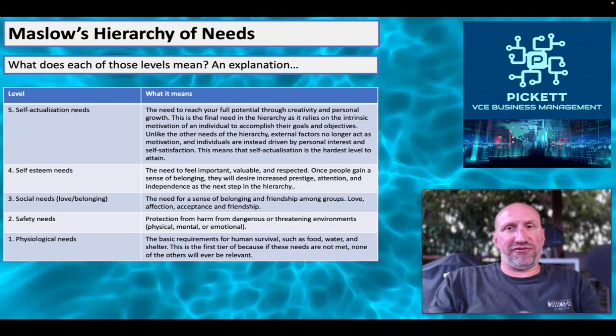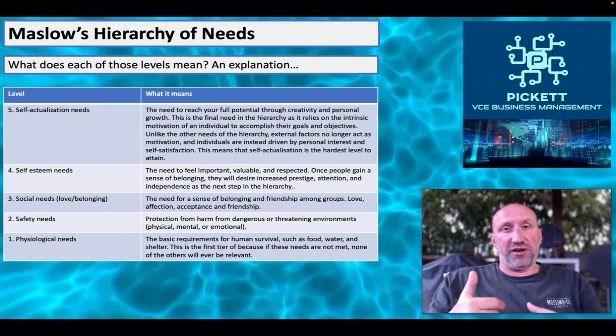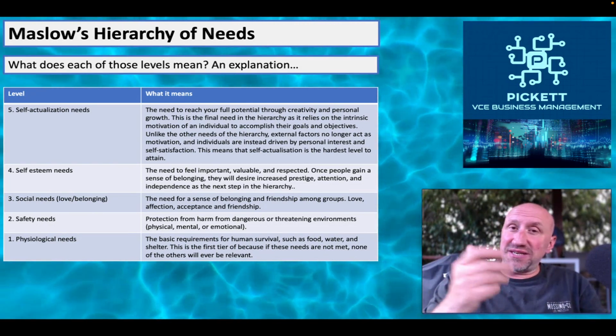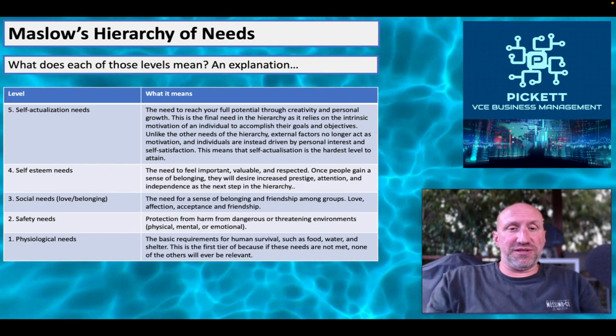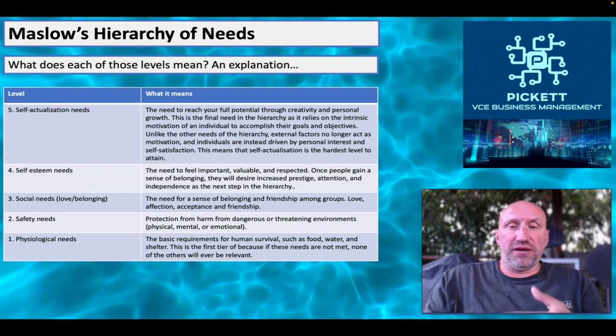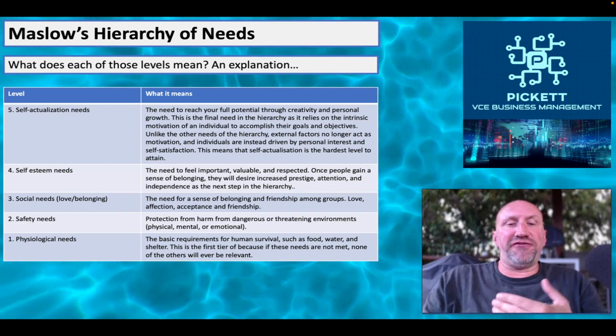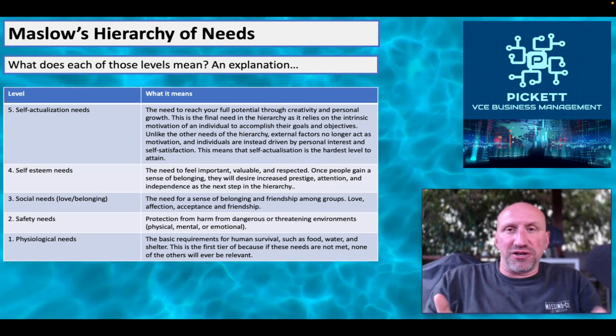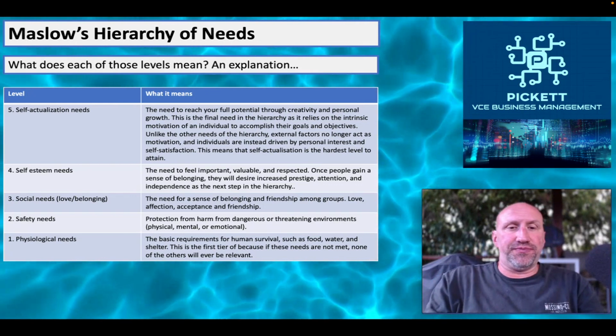Once we feel that we are safe and we have met those needs, what Maslow said is that the next need that is going to motivate humans is the need for a sense of belonging and friendship, love, affection, acceptance, which I personally would agree with.